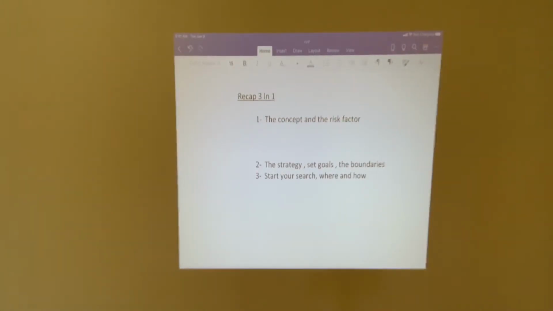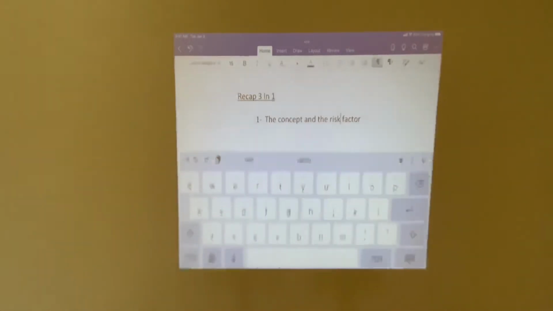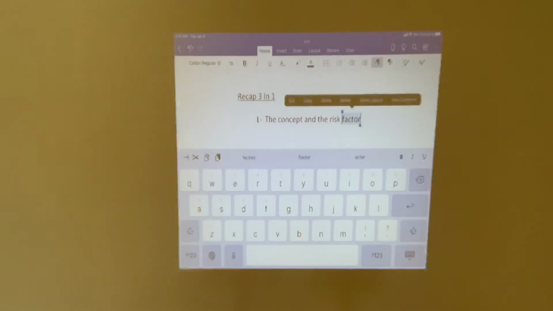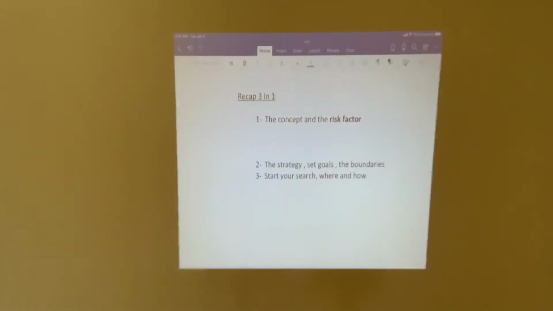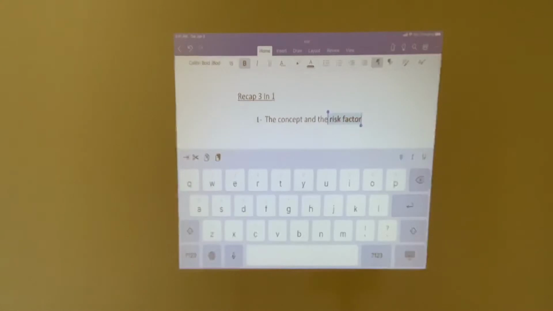We said that it is the risk factor, which you see right here in the bold words. Risk factor is the most important thing that you need to watch. You cannot cancel the risk factor from the formula, but you can manage it. How do you manage that risk factor?